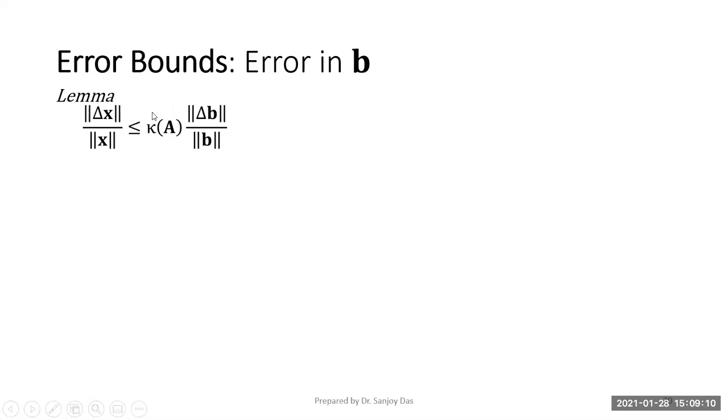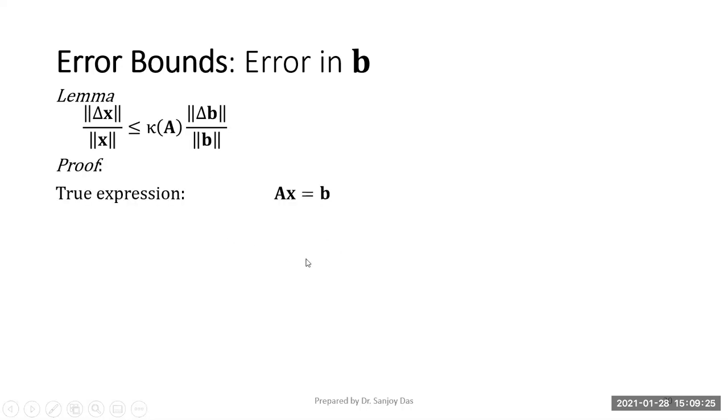What will happen? The condition number is that high, 15514 or something. We'll get a large fraction error here, right? The bound will be very high.